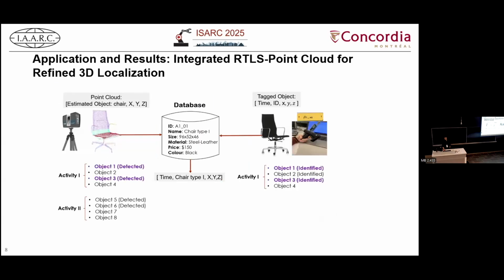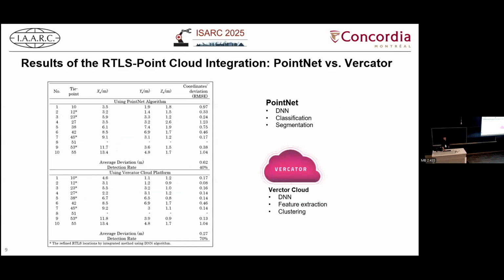The whole story, like I said, is the exchange of information between the tagging and the laser scanner point cloud data. The tagging gives us the ID and approximate XYZ locations. By exchanging the data with the point cloud data, we can get more accurate XYZ locations. This goes on until we achieve the ID, time, and accurate 3D location of the object.